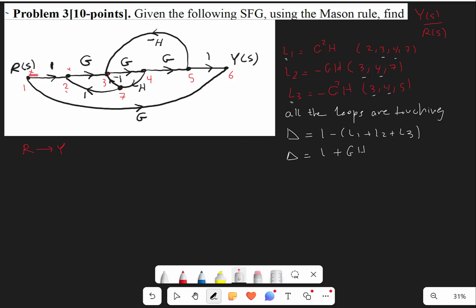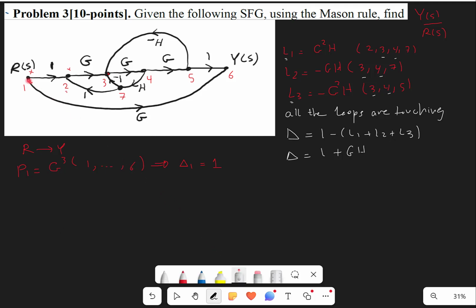The first one is the obvious shortcut, or the direct path. If we write the path gain P1, it will equal G cubed, and this one will pass through almost all the nodes from 1 to 6. So this will touch all the loops, which means that the cofactor for it, delta 1, is equal to 1.